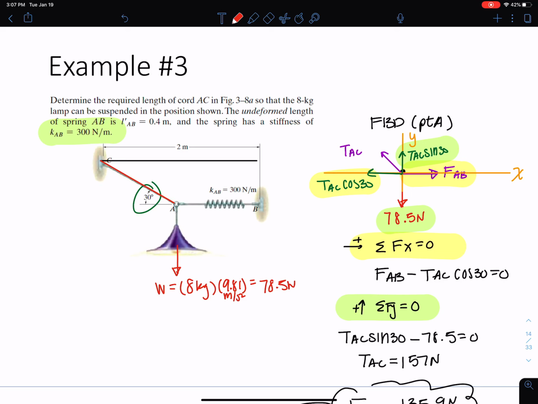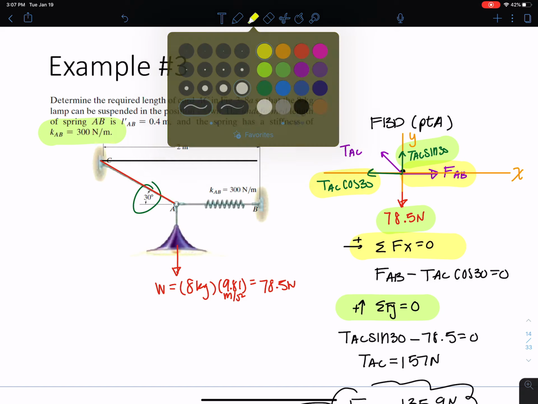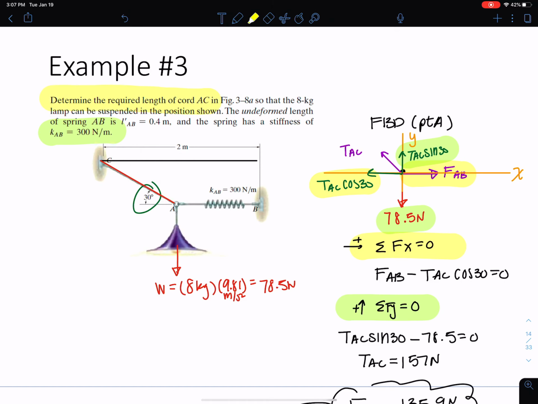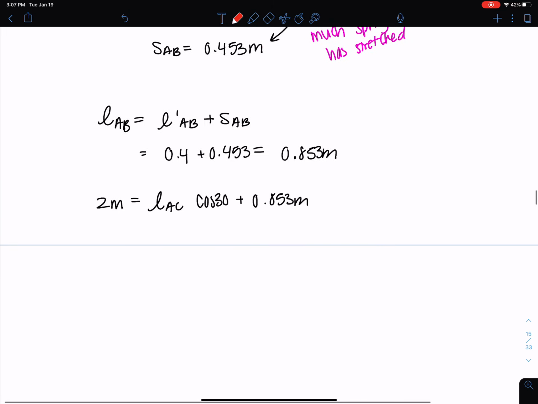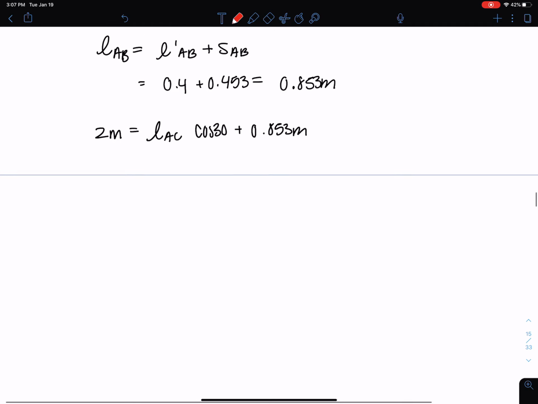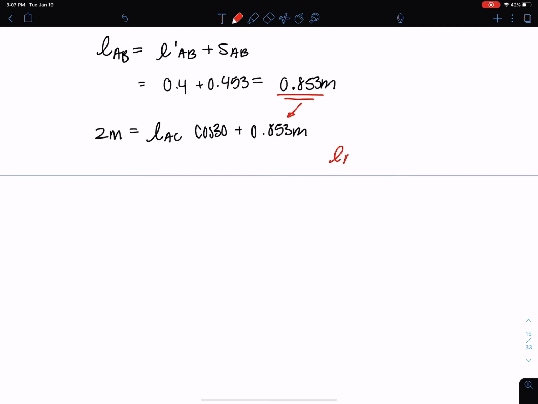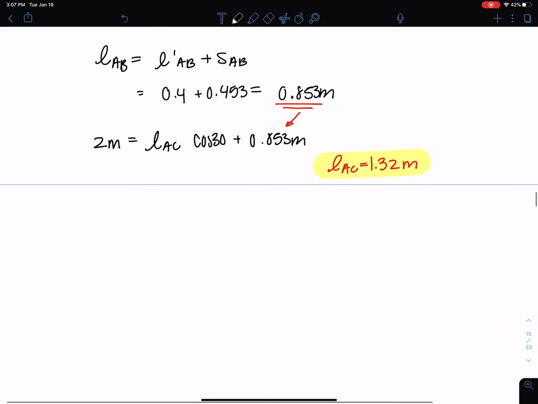Remember, I'm trying to find the required length of cord AC. So what I need to do is plug in here the 0.853, and I get LAC is equal to 1.32 meters. So this is from geometry. After I figured out those stretches and those forces, I can get that final length of LAC after the system has been loaded. Okay.